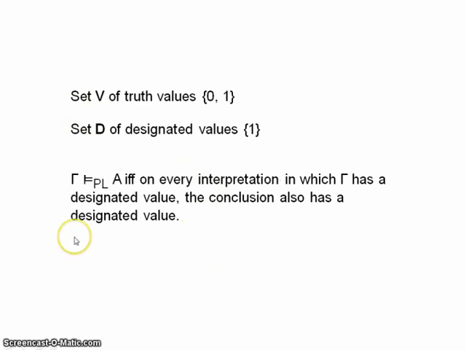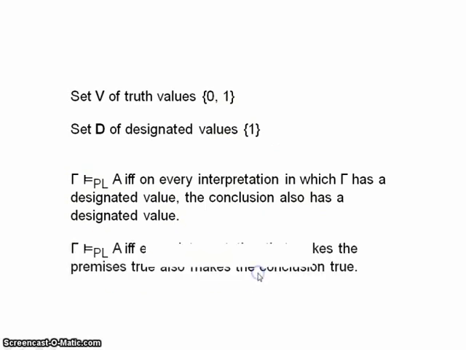Now, because standard logic contains only two truth values, truth and falsity, we can simply rephrase this idea as: A is a semantic consequence of gamma if and only if every interpretation that makes the premises true also makes the conclusion true. Okay, because we have two truth values, our designated truth value is true, so we can easily just rephrase this rather complicated looking statement in a more commonsensical way.